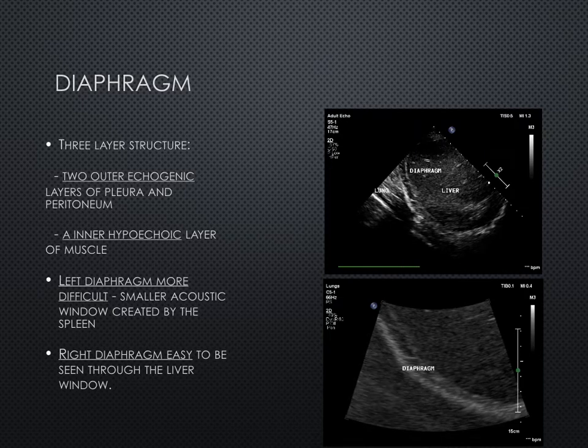It's important that you can identify the diaphragm on both the right and the left hand side, because we can use some of the artifact patterns that are generated within that area to give us some further information about some aeration or some pathology that's going on within those regions, that we'll talk about a little bit later when we talk about the artifact patterns that are being generated.